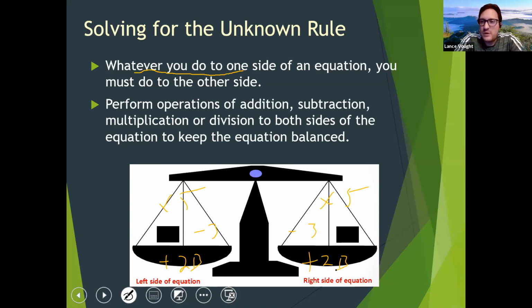So when I said there was a temporary imbalance, it means you multiplied by 5 on this side, but in order to get it back to balance, you have to multiply by 5 on the other side. And over here you subtracted 3, but you also have to subtract 3 to get it back in balance. So again, all of these operations, adding, subtracting, multiplying, dividing. You could also divide by 7, and it would be on both sides. Whenever you're solving an equation, each thing has to be done on each side.